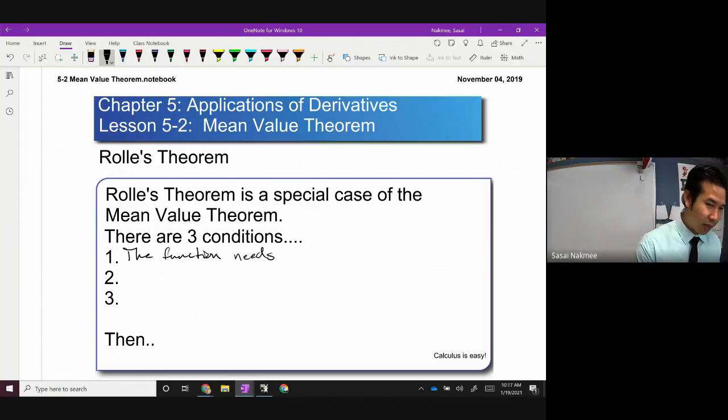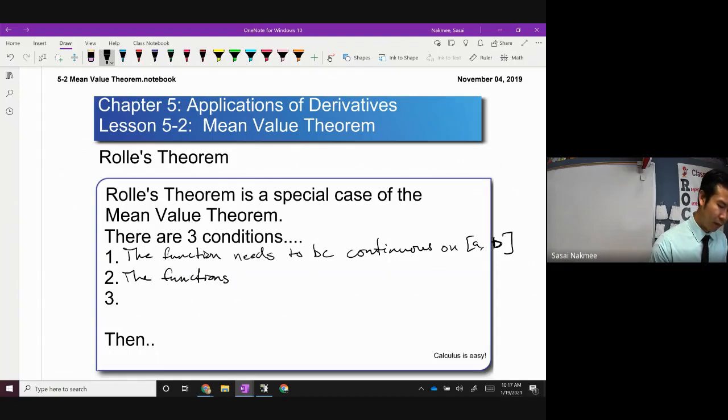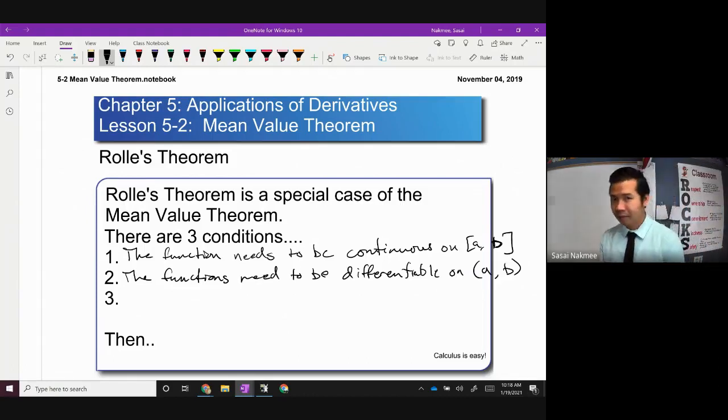The first condition is that the function needs to be continuous on A to B. Number two, the function needs to be differentiable on the open interval A to B. It's pretty much the same as the mean value theorem; the first two conditions are exactly the mean value theorem.